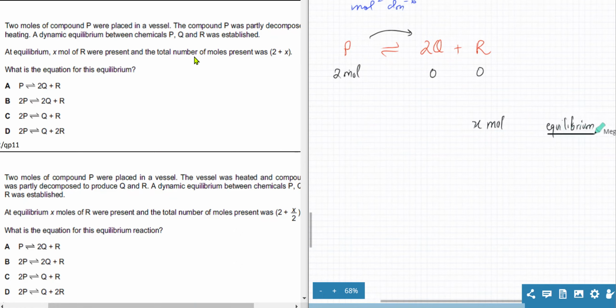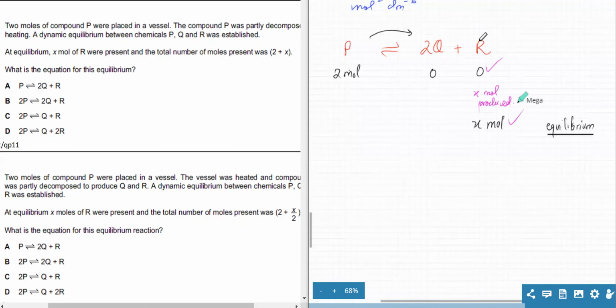Now, in terms of X, we need to figure out the equilibrium moles of all the other substances. So how would you do this? Initially you had 0 moles. Now at equilibrium you have X moles. That means X moles got produced. So X moles must have been produced in the reaction.